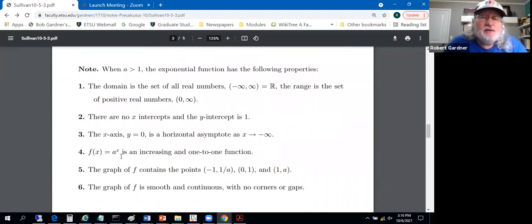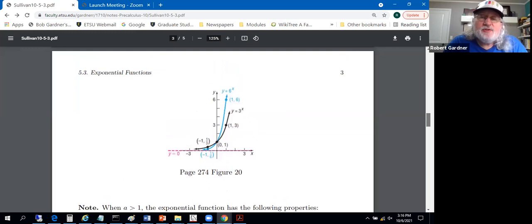A to the x as a function is increasing, and it's 1 to 1. Again, this is the case a greater than 0. Increasing function and 1 to 1, certainly. It gets steep fast and continues. This function is always increasing when read from left to right.